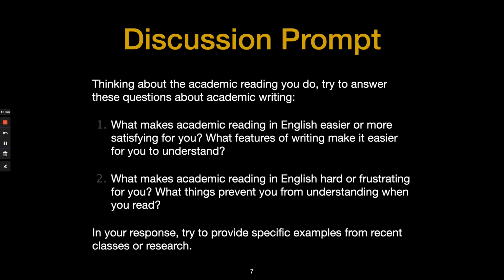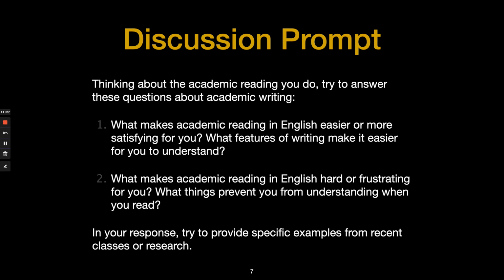Okay, so that leads us to our discussion prompt. I've posted this on our course website. If you're in the class right now, I encourage you to go to the course Brightspace page and work on this. But otherwise, this is something to really think about. This is taking Elizabeth Rankin's idea of identifying features in writing when you're reading. The questions here ask you to consider what makes academic writing easier or better or more satisfying, and what makes academic writing harder or more frustrating for you.